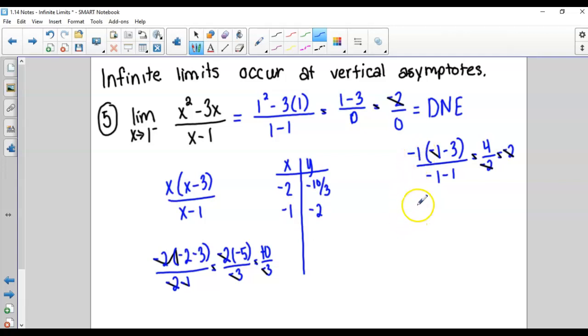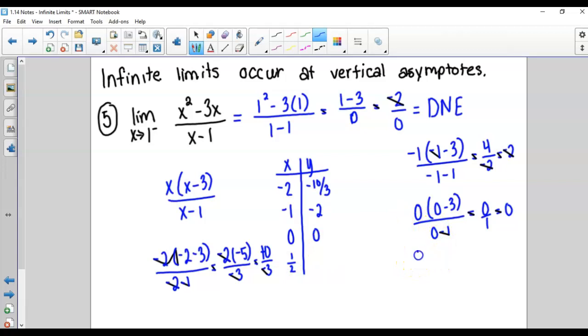I could plug in 0. If I do that, I'm just going to get 0 over 1, which is 0. And I can't plug in 1, because if I plug in 1, that's where I get the negative 2 over 0. Just to really feel assured of what I should do here, I'm going to do 1/2.